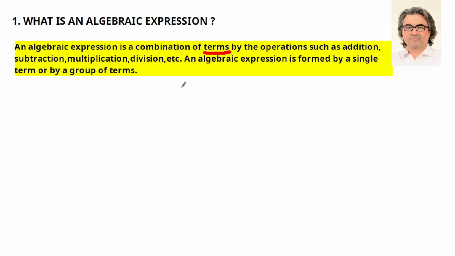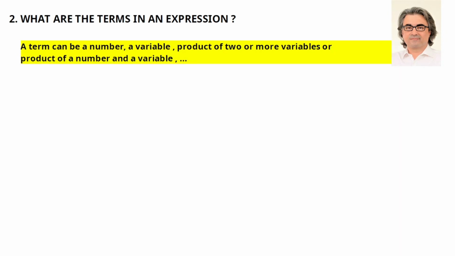So here the second question will come. What are terms in an expression? A term can be a number, a variable, product of two or more variables, or product of a number and a variable.